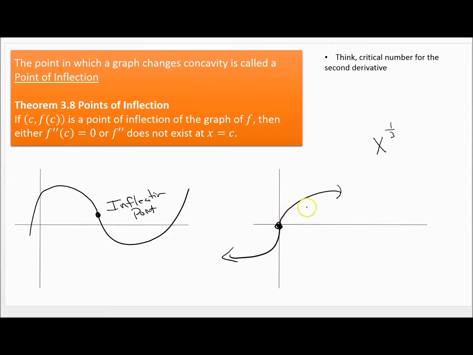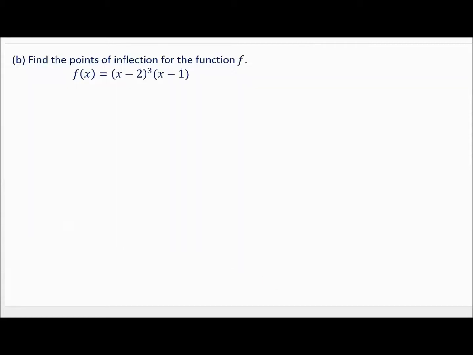But y'all, the first derivative doesn't even exist because it has a vertical tangent line right here, which means the second derivative doesn't exist either. So this works very similar to critical numbers for the first derivative. You're just taking the second derivative, setting it equal to 0, or finding out where it's undefined, like this x to the 1/3 situation.